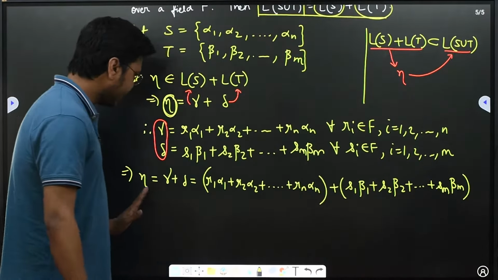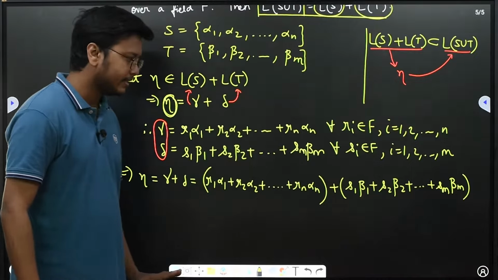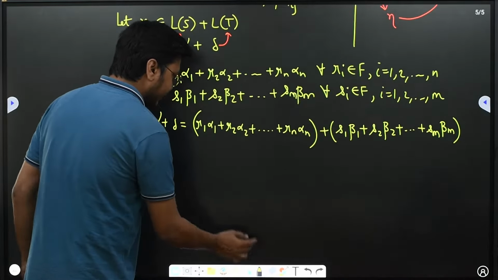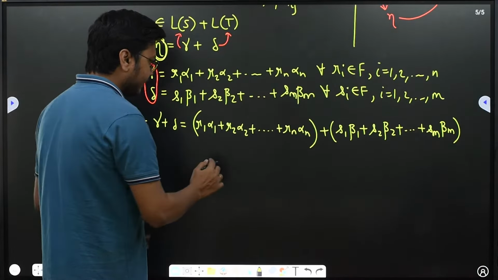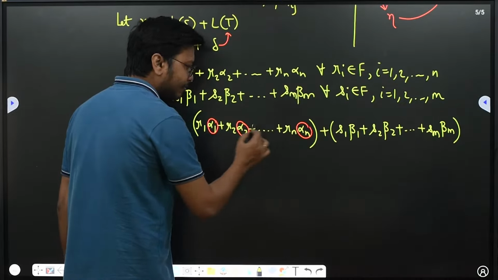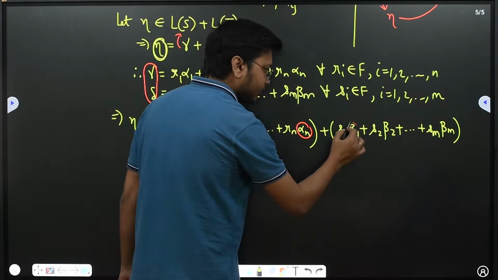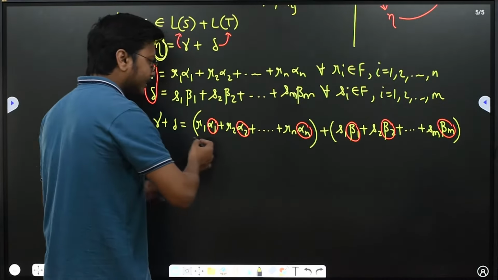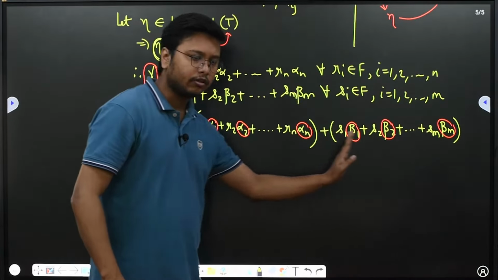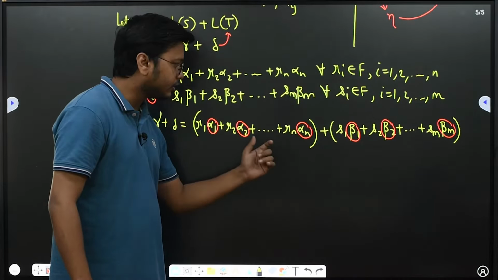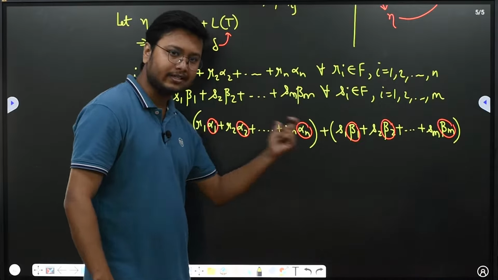So I have taken the sum of gamma and delta. Now you can observe this line that I have written. This is nothing but a linear combination of the elements of S as well as the elements of T, that means a linear combination of the elements of S union T.